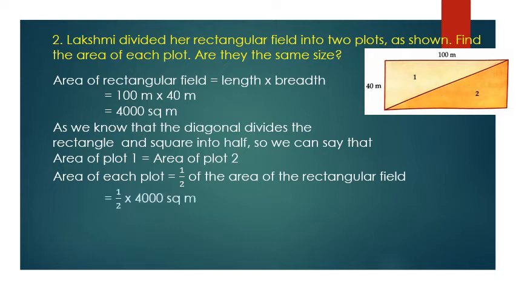So 1 by 2 multiplied by the area of the rectangular field, which is 4000 square meter. So 1 by 2 multiplied by 4000 square meter is equal to 2000 square meter. Right. Therefore, the area of each plot, that is plot 1 and plot 2, is equal to 2000 square meter.